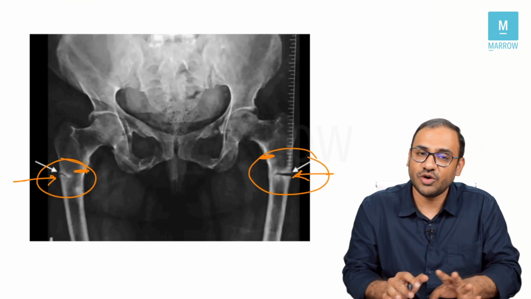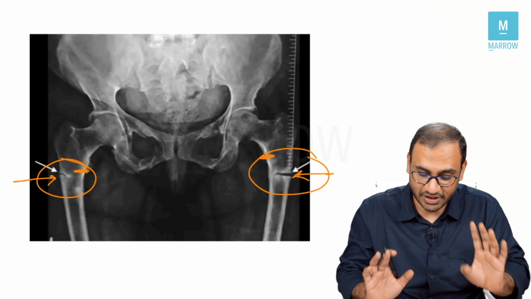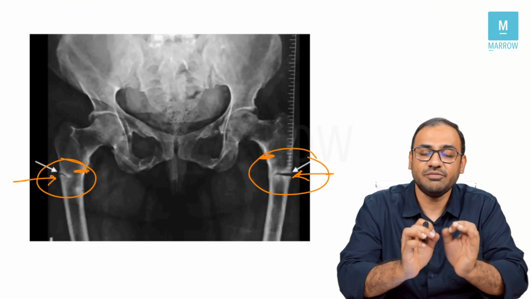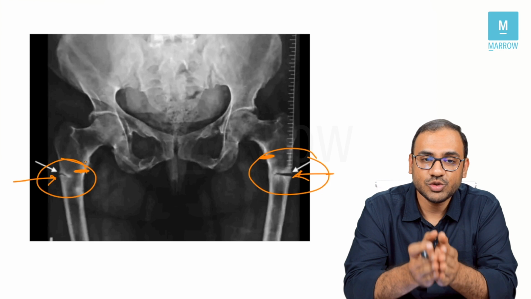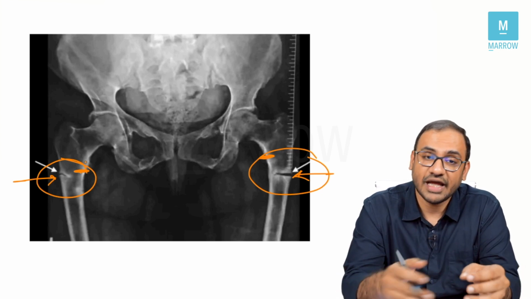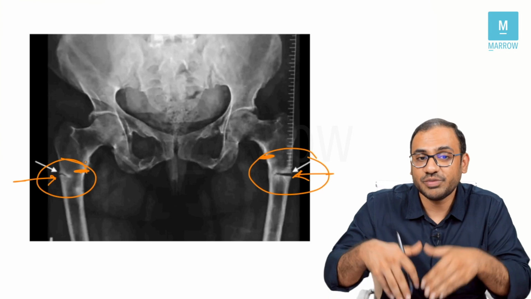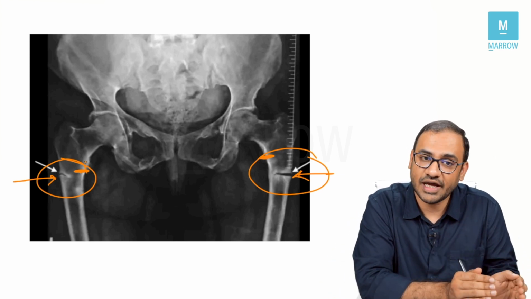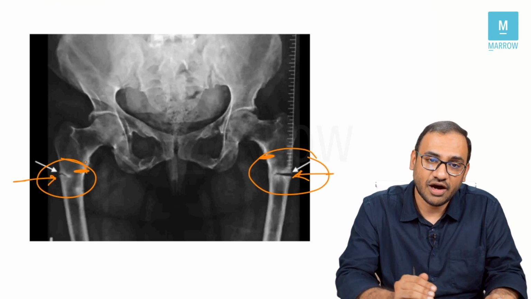Okay, you can review all of this in the metabolic bone diseases videos that I have discussed. But the point I'm trying to make here is that whenever you give patients bisphosphonates, you need to stop them after a particular duration, which we call a window period, and then you can start again in order to prevent these fractures. So you need to withhold the drugs for a 6 months gap every 2.5 years.